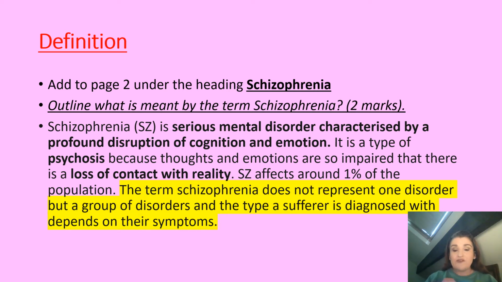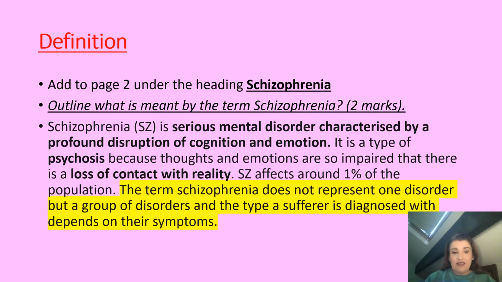It is a type of psychosis, and the thoughts and emotions displayed show a loss of contact with reality as well. It affects around 1% of the population, so it is very rare to develop schizophrenia, and there's also quite a lot of genetic evidence for schizophrenia and biological evidence with neurochemistry, but we will look at that in the next few weeks.